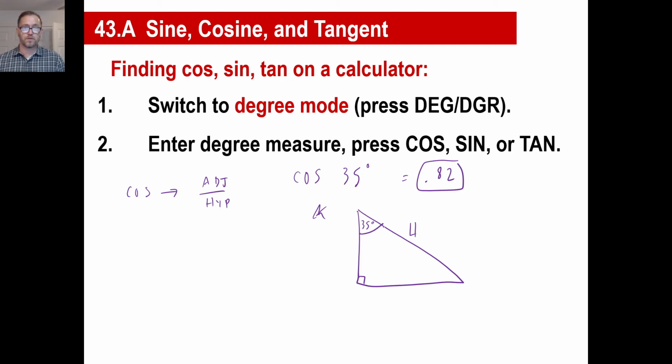This is your 35-degree angle. What's the adjacent side? It's this one, right? Okay. So when you have a 35-degree angle, you can use your calculator and figure out that the length of this side right here, which is the adjacent side, looking at this as a fraction, 0.82 over 1, is going to be 82% of this side, the hypotenuse, 0.82.